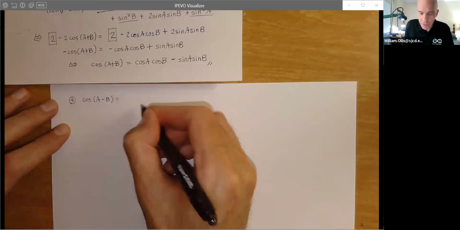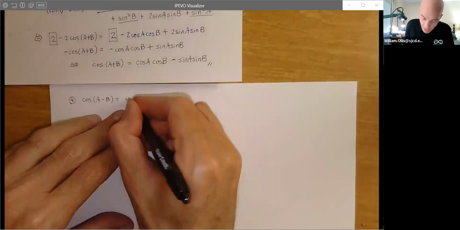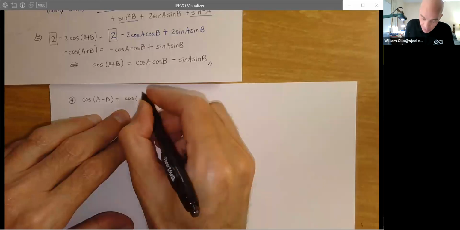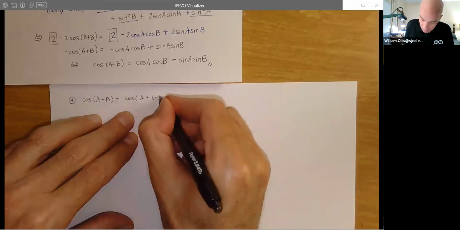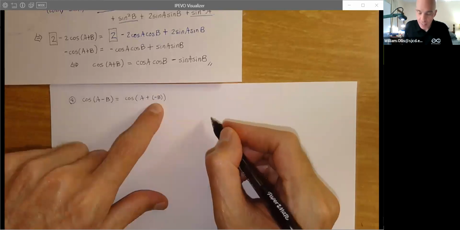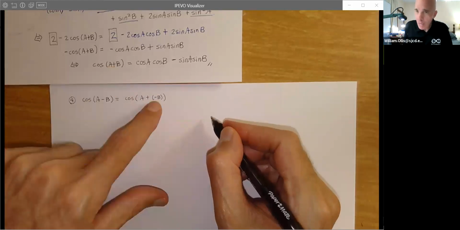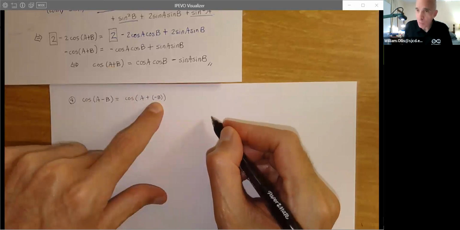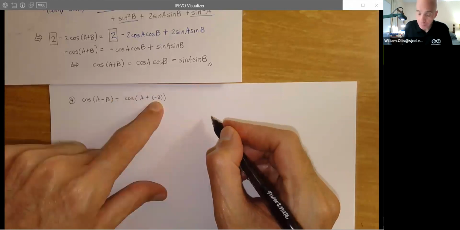And then we just want to write the difference as a sum. So we get cosine of A plus the negative B, or the additive inverse. So now what we see is that when we use this formula, we have a new B, so to speak. The B now is the additive inverse of B, and so everywhere in here, we replace B with its negative.